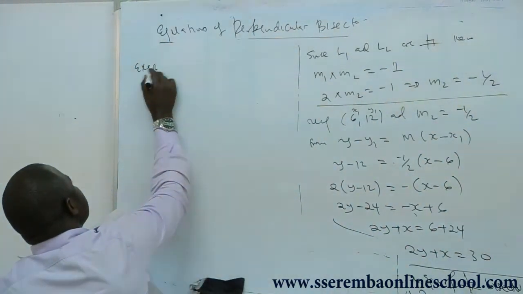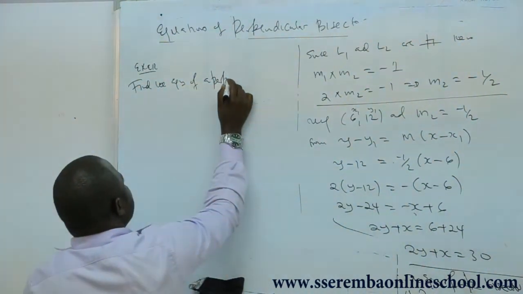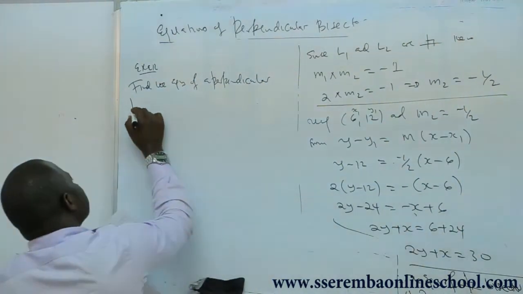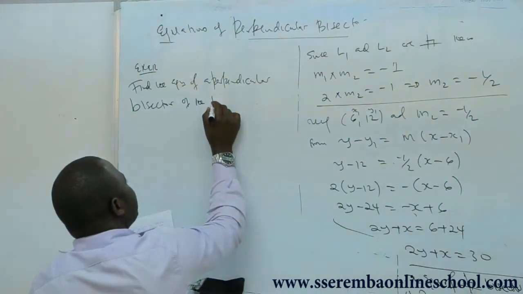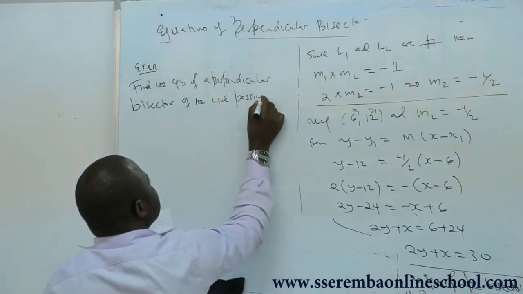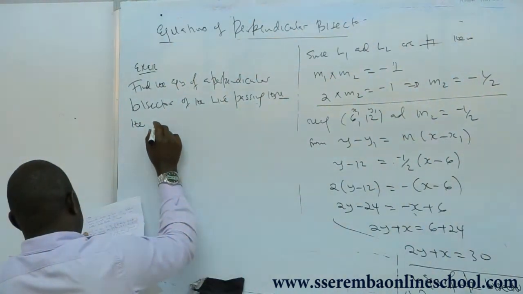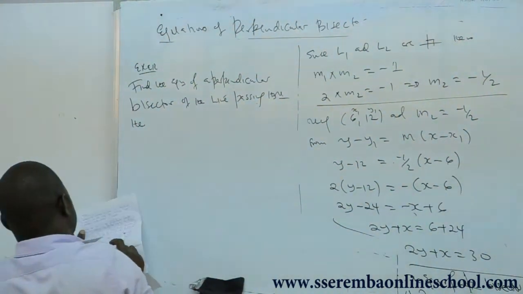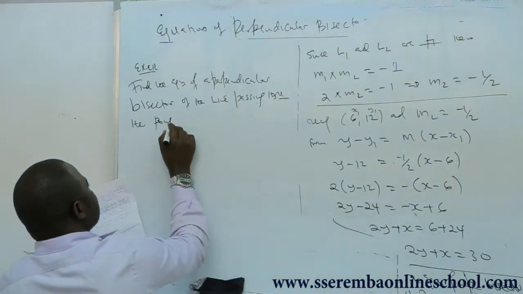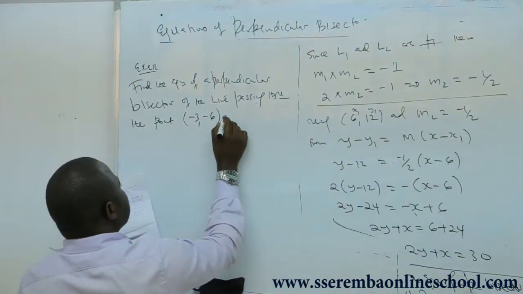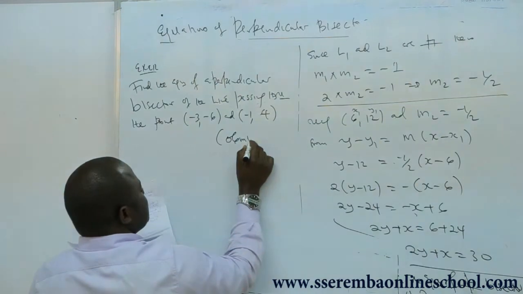The exercise says, find the equation of a perpendicular bisector of the line passing through the points -3, -6 and -1, 4. I will give you 6 marks to do this question.